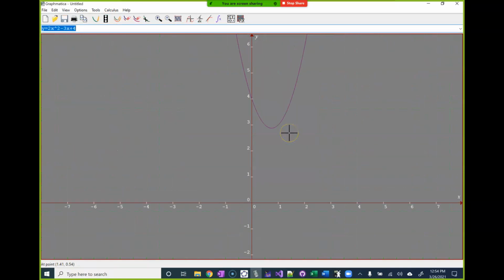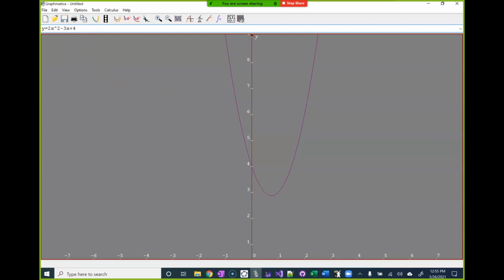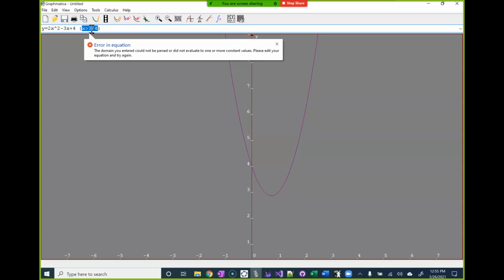So I think I used those. Domain entered could not be parsed or did not evaluate.